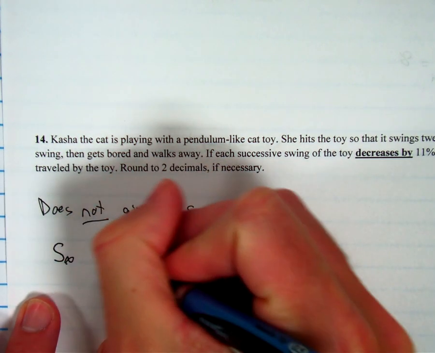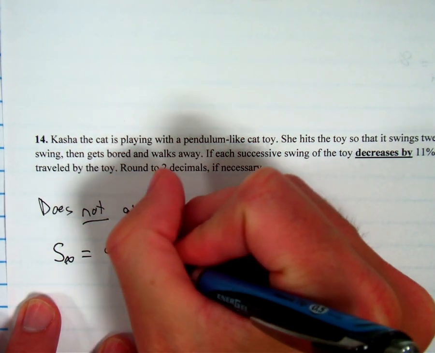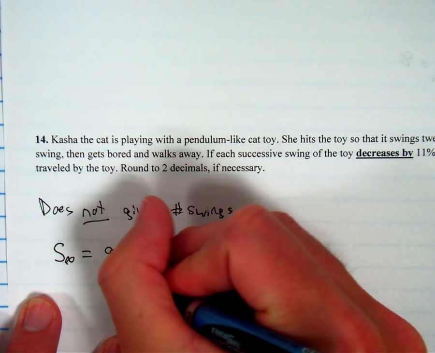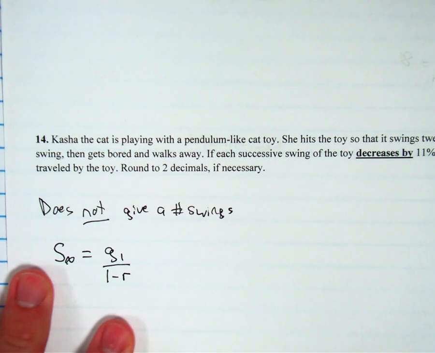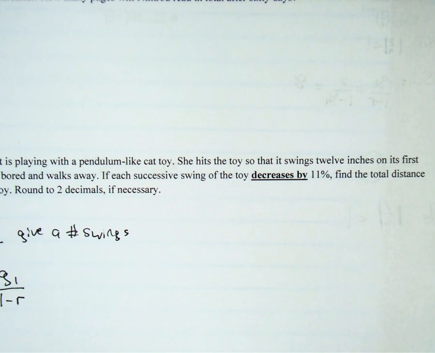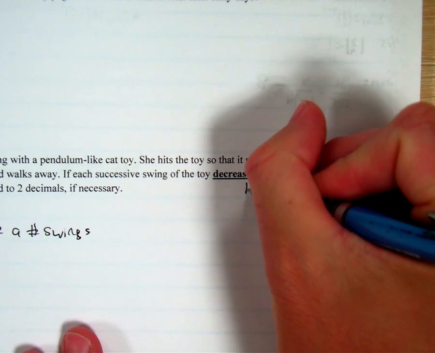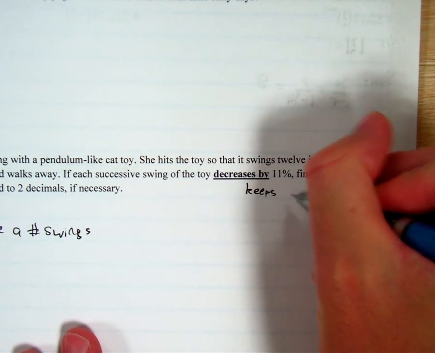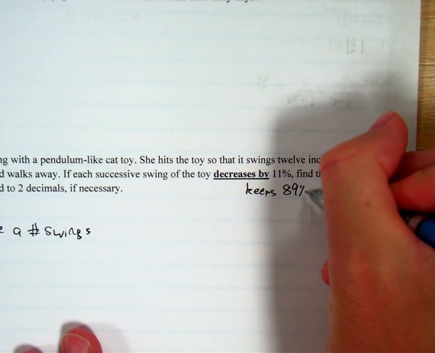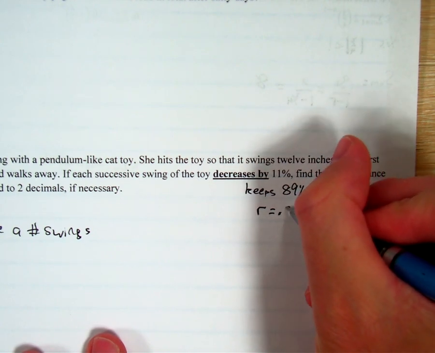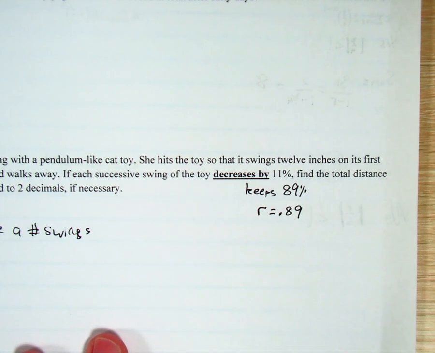So our infinite sum from the front side is G1 or A1 or whatever you want to call your first one over 1 minus r. Okay, well, what is our r? If each swing decreases by 11%, it keeps 89%, which means our r value as a decimal is 0.89.